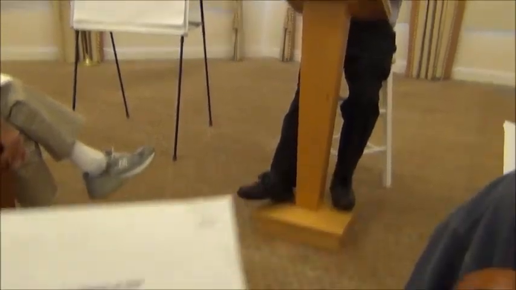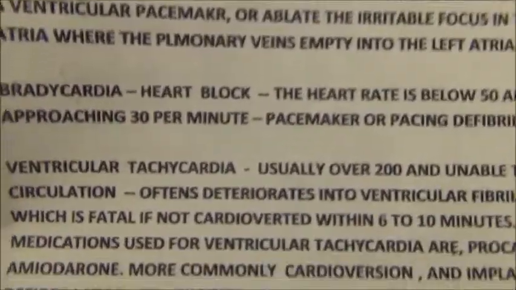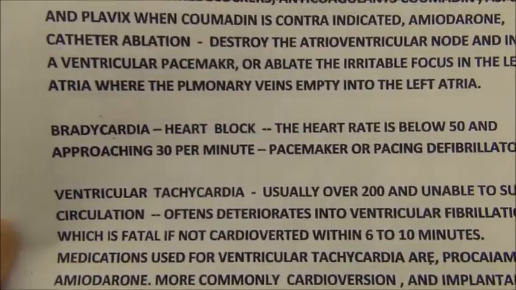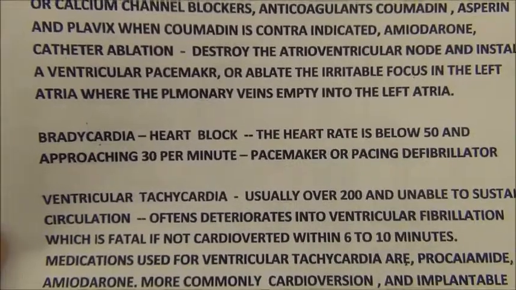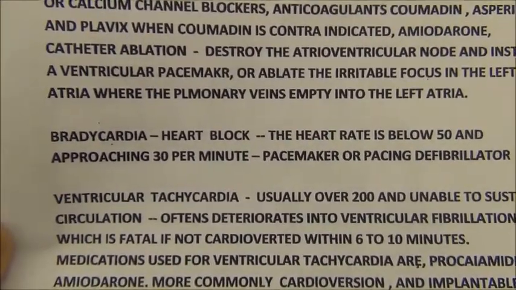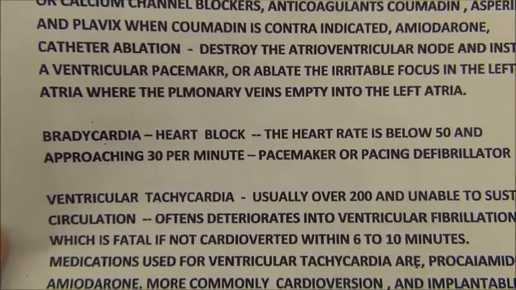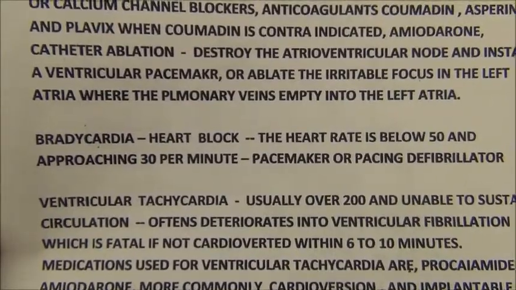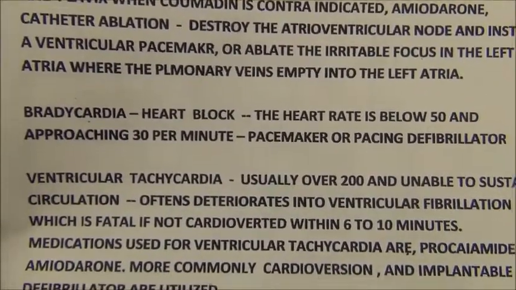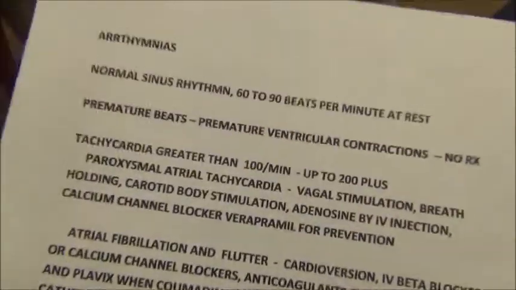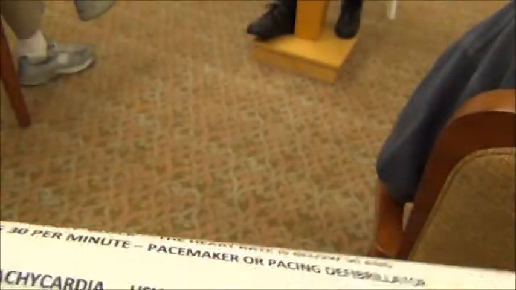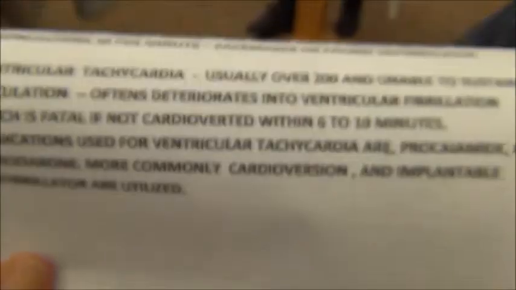We talk about bradycardia, heart block, the rate below 50, approaching 30: use a pacemaker, or better, use a pacing defibrillator. As far as the ventricles are concerned, ventricular tachycardia is a rhythm which generally leads to death. The rate is usually over 200.